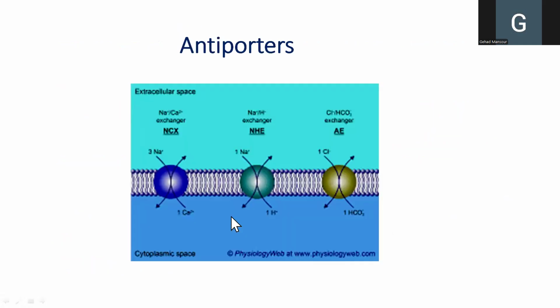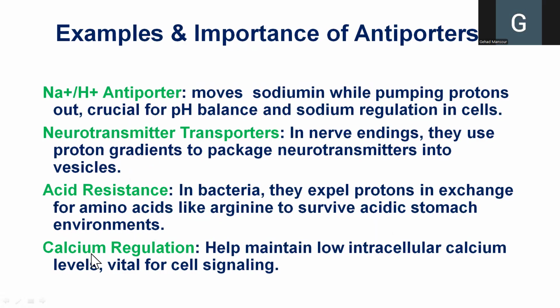Sometimes when the antiporter pumps calcium out, like we've seen in this transporter, it is important to maintain low calcium intracellularly, and this is very important for adjustment of cell signaling. In nerve endings, in the synaptic knobs, you can refer to human biology and to the nervous system.